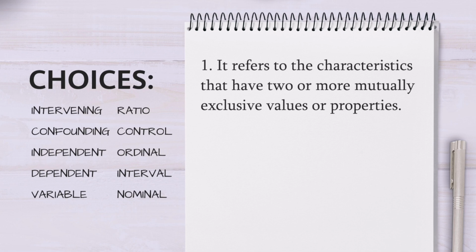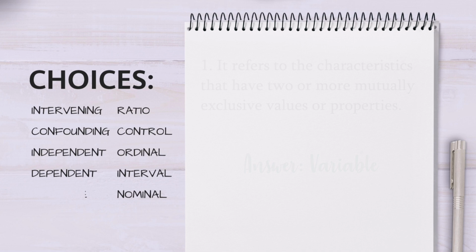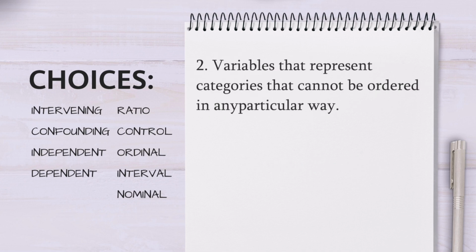If your answer is variable, you are correct. Next question. Variables that represent categories that cannot be ordered in any particular way is what you call correct, nominal variable.